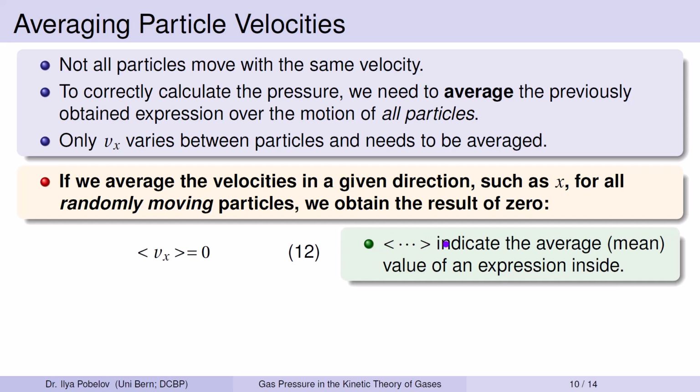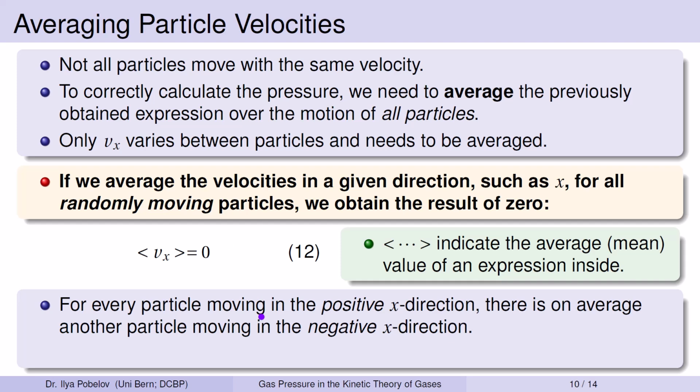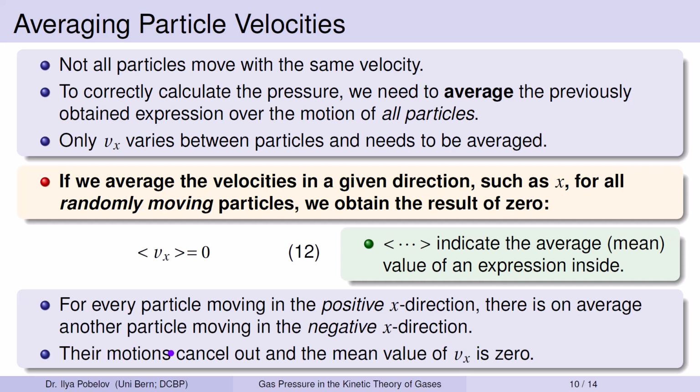Here, angle brackets indicate the average or mean value of the expression inside. That is because, as we have pointed out before, for every particle moving in the positive x direction, there is on average another particle moving in the negative x direction. Therefore, their motions cancel out and the mean value of Vx is 0.